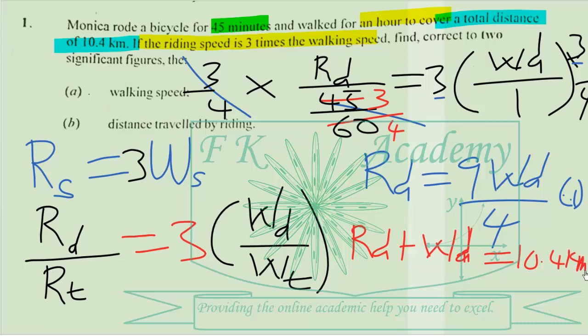All are in kilometers. What we can do is to now solve these two equations simultaneously. I'm just going to do substitution. Wherever I see RD here, I'll put 9WD over 4.